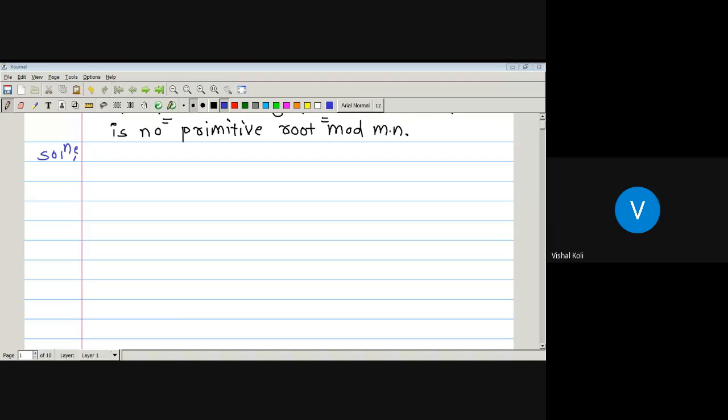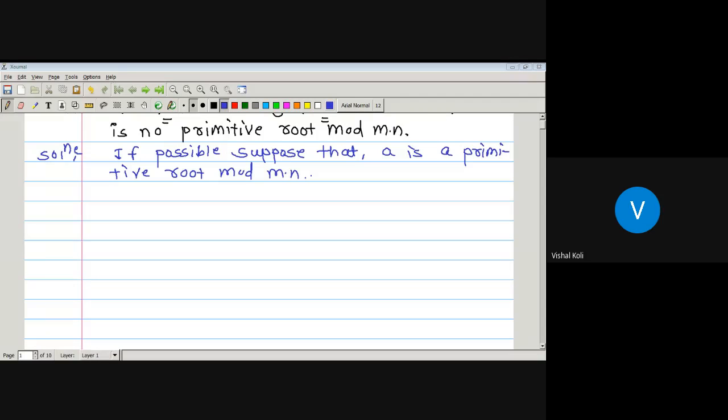As we have to prove that there is no primitive root modulo mn, we will consider one integer a which is a primitive root modulo mn. If possible, suppose that a is a primitive root modulo m into n.